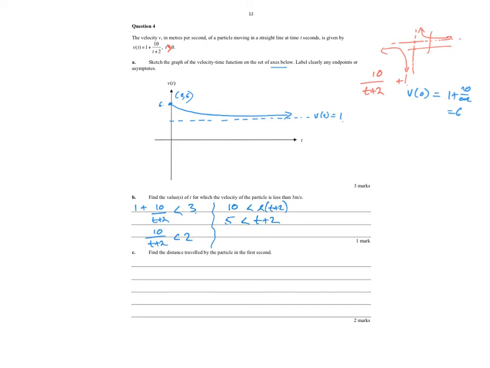Subtract 2, and I get 3 is less than t. So the velocity of the particle is less than 3 for t greater than 3 seconds.